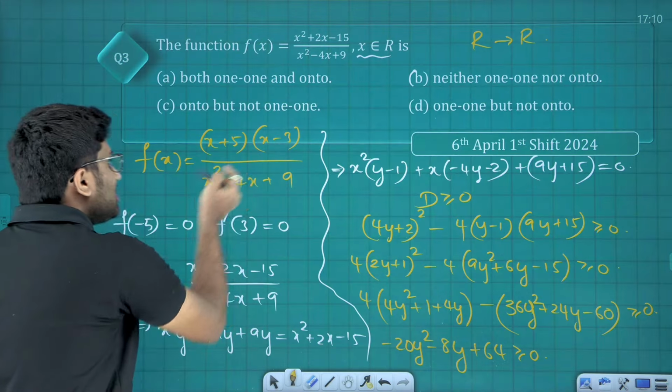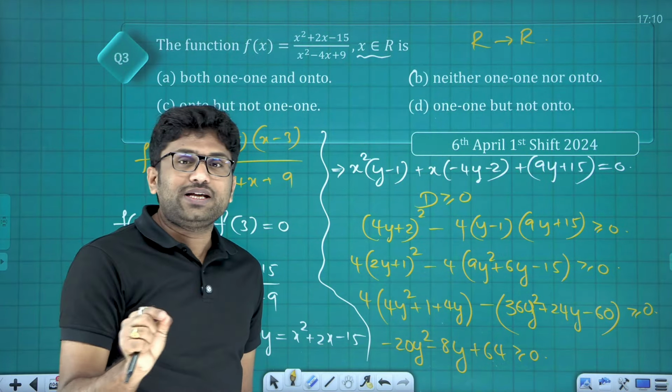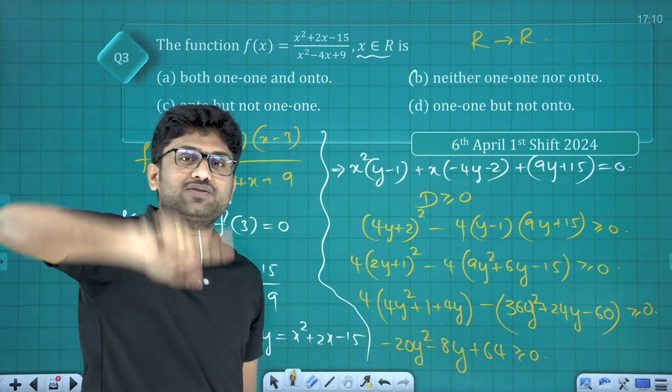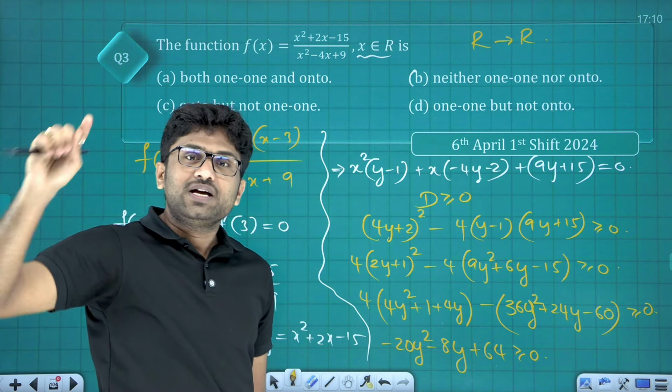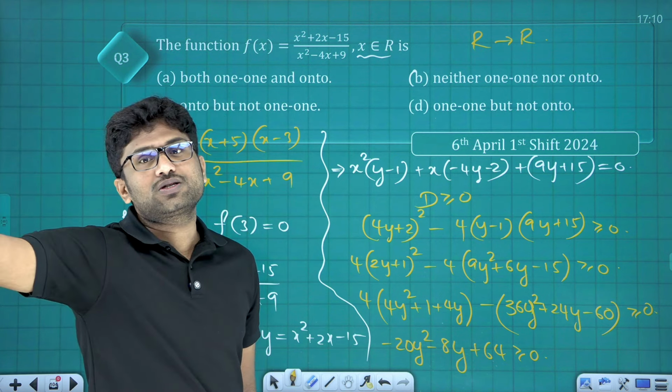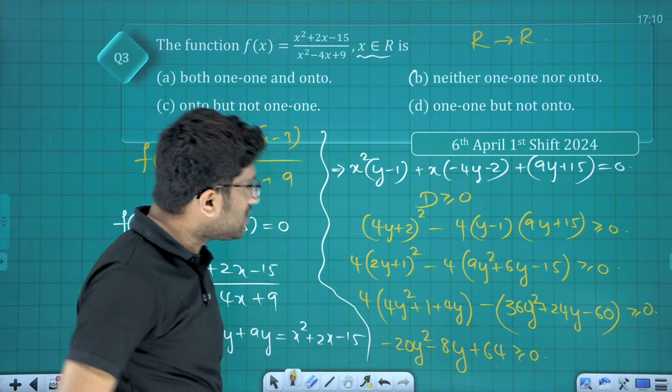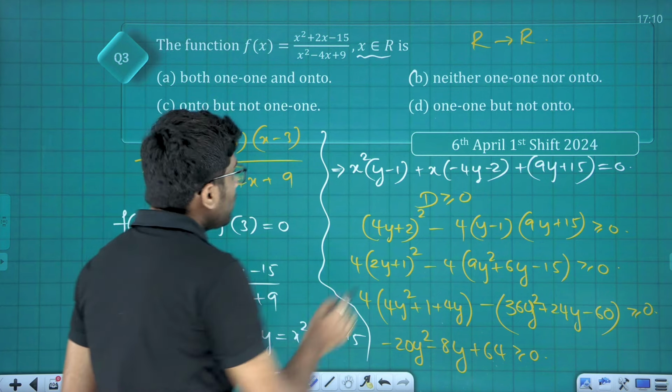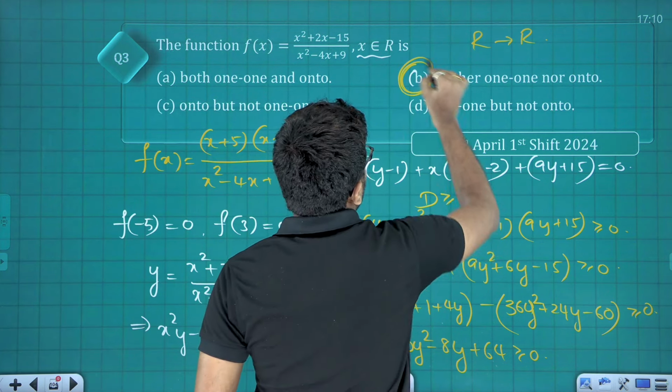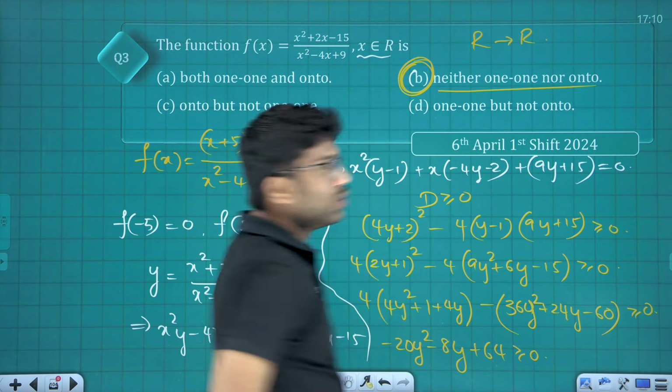As this does not include the complete set of real numbers from minus infinity to plus infinity, the range is not equal to the codomain. Hence the function is neither one-one nor onto, friends. It is neither one-one nor onto.